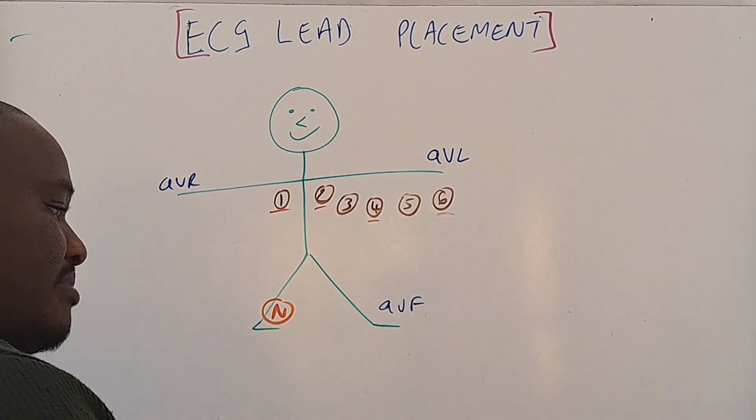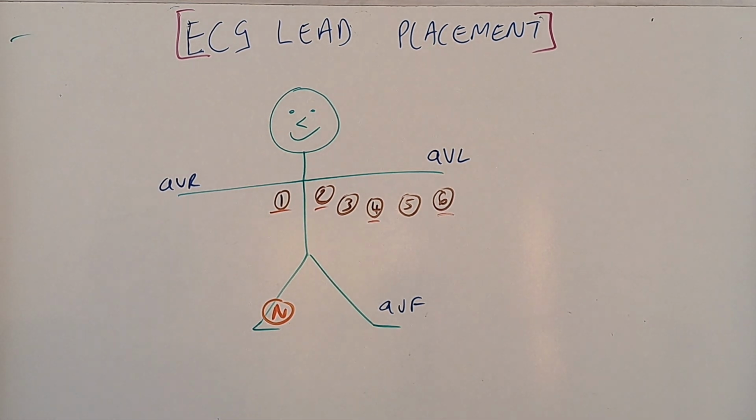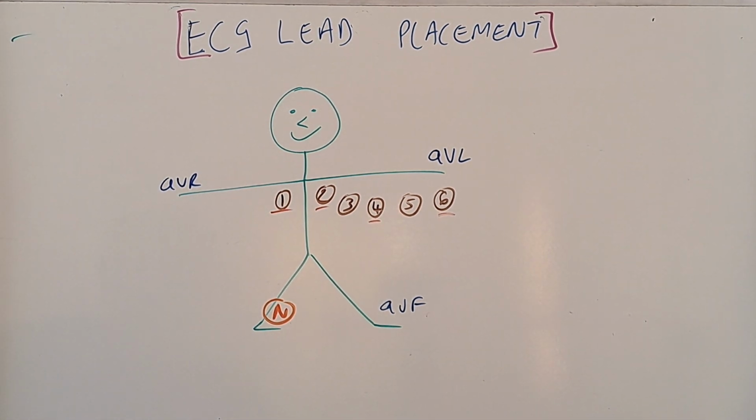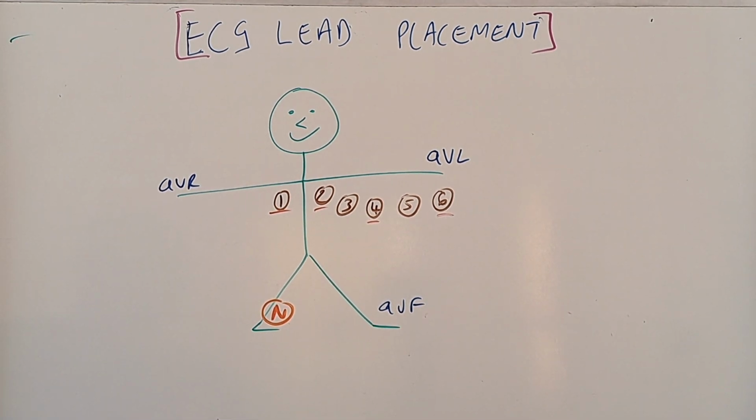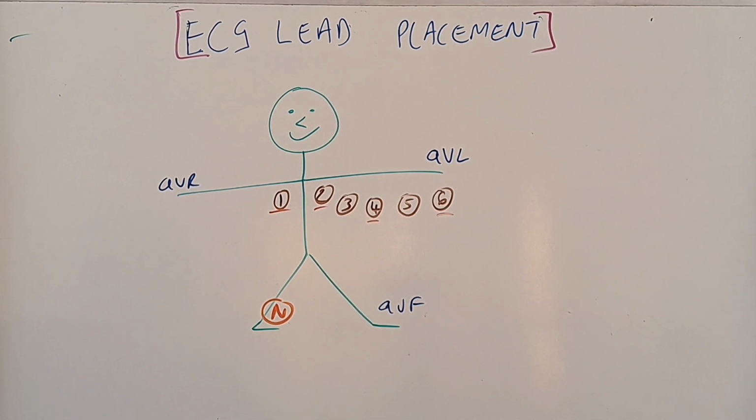Maybe just to go back a bit. The ECG is a machine that is used to pick up the electrical activities of the heart. Where is depolarization beginning? Very important. Where does it start? Because as we know, depolarization does not always start at the SA node. Sometimes it starts at the AV node and sometimes lower down.